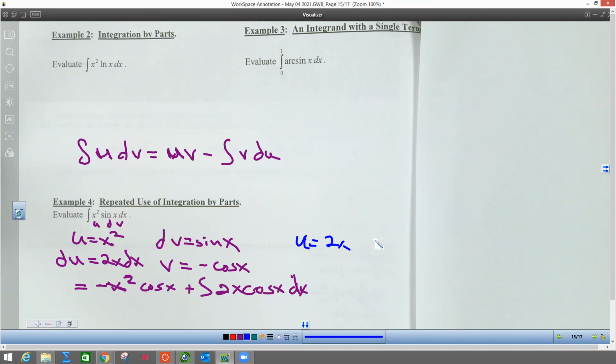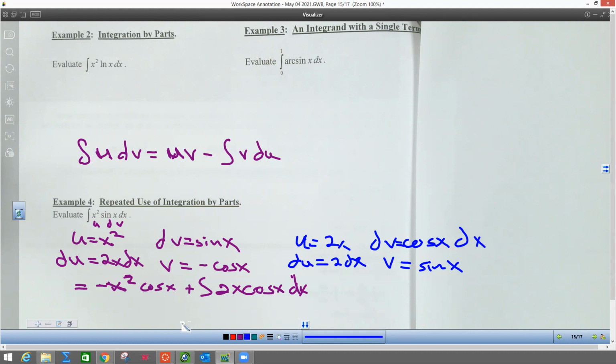And then I'm going to let the dv be the more complicated part, the cosine x dx. So du is going to equal 2 dx. And then for the v part, doing the integral of dv is v, and doing the integral of cosine is sine x.